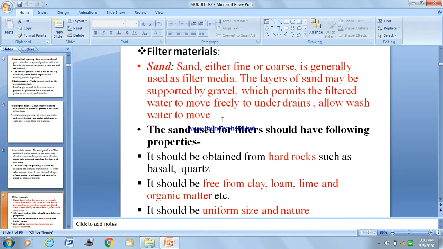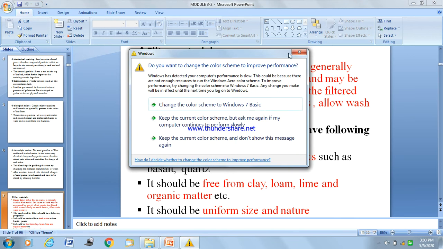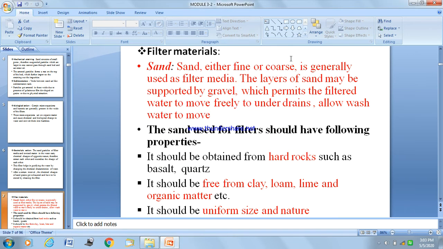Now we will see what filtering materials are provided in the filtration unit. The first one is sand. Sand may be fine or coarse material laid in different layers. The sand is supported by gravel, which is kept at the bottom, and the sand is kept on top.